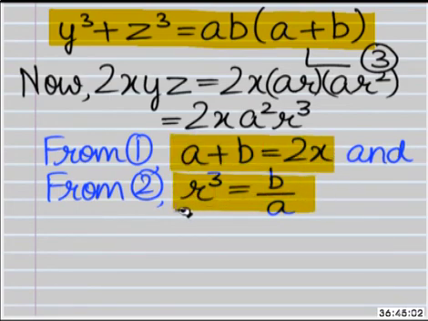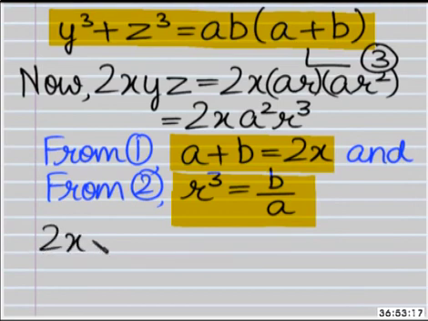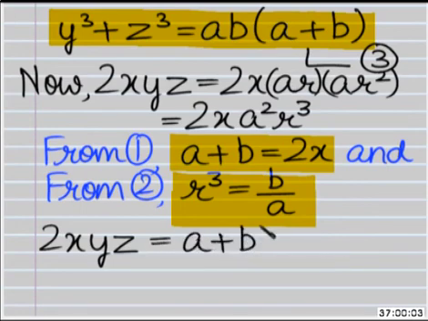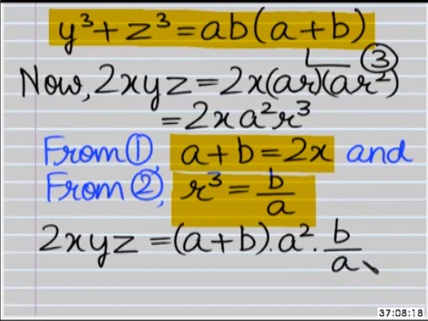Using these two values in the above, we get 2 into x into y into z is equal to (a plus b) whole multiplied by a square whole multiplied by b by a.